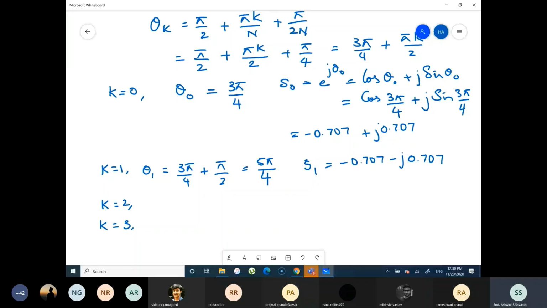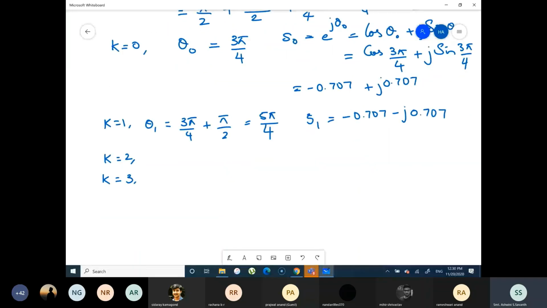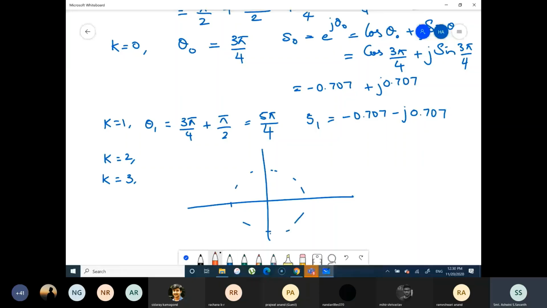We locate these poles now. The poles will lie on the unit circle. Where is your first pole? S0 at an angle of 3 pi by 4, that is minus 0.707 plus j 0.707. That's located here. This is S0, on the sigma j omega S plane.